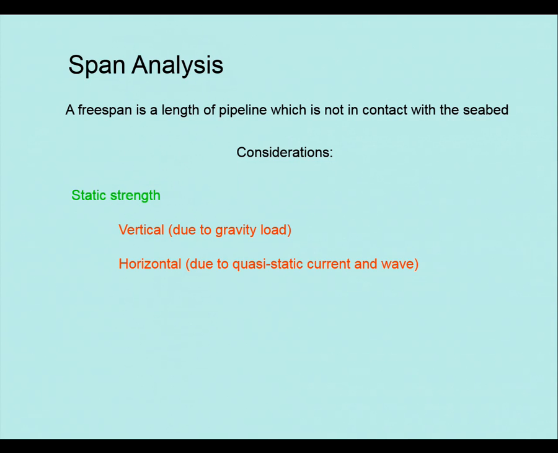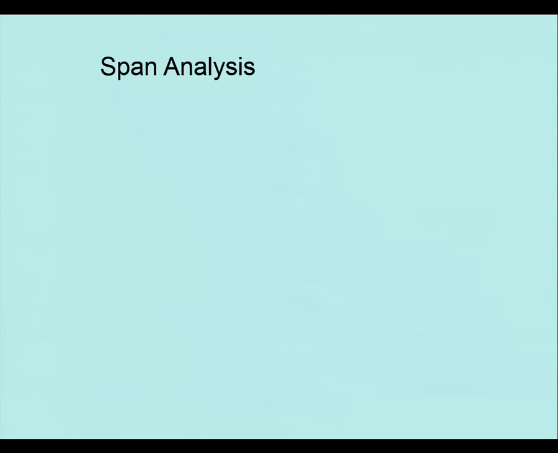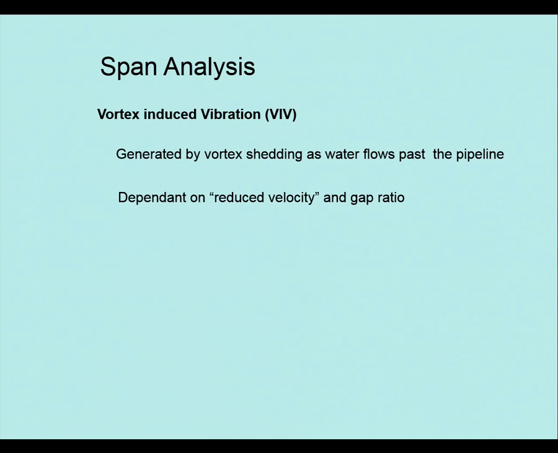You can look through these at your leisure. There is a theory called reduced velocity theory, and if at a certain reduced velocity the natural frequency of the pipe is equal to the frequency at which the vortices are attaching and detaching, you can get resonance.